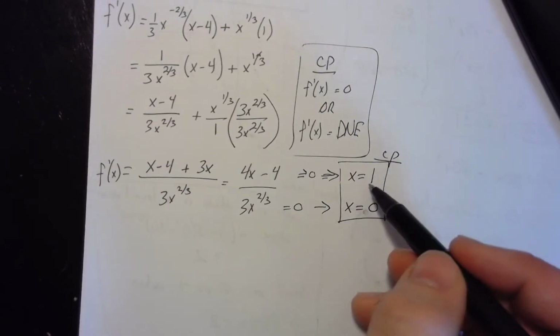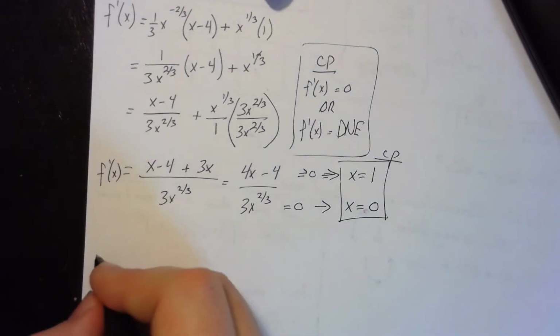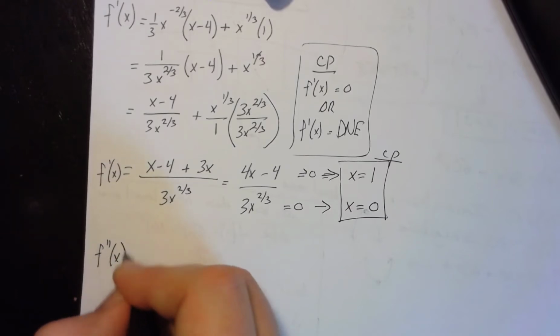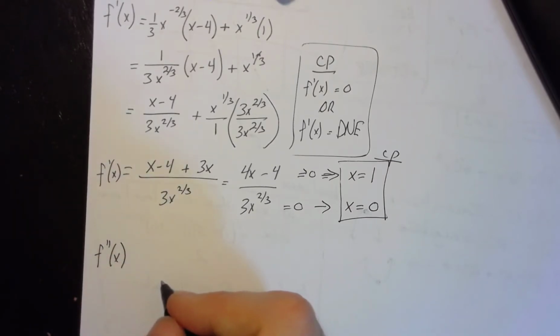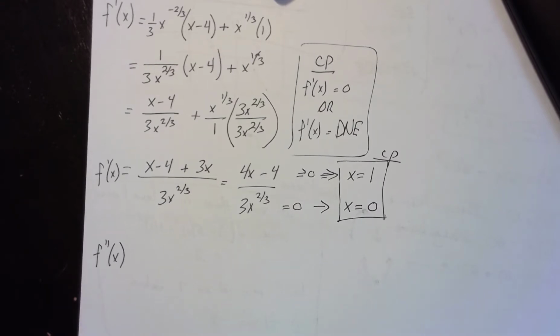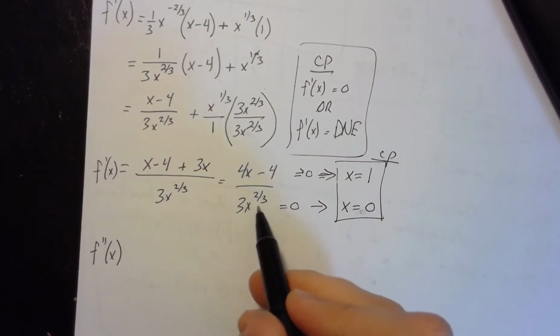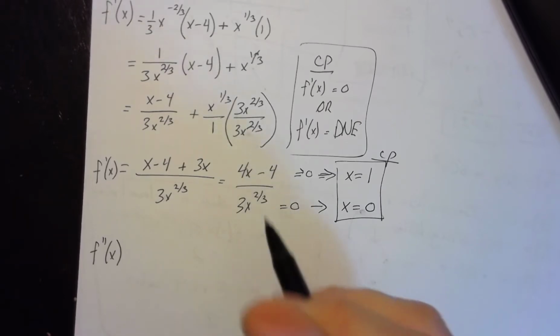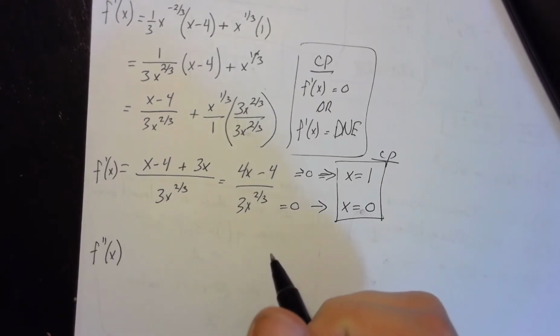Now I will take these values and I'm going to go ahead and identify what the second derivative function is, because again, this is the second derivative test. So now I'm going to have to take the derivative of this new function, which again, we could utilize a product rule with a negative exponent, but I'm going to go ahead and keep it as it is and use a quotient rule to simplify it a little bit better. Keep in mind, my goal is not to make this as complicated as possible.